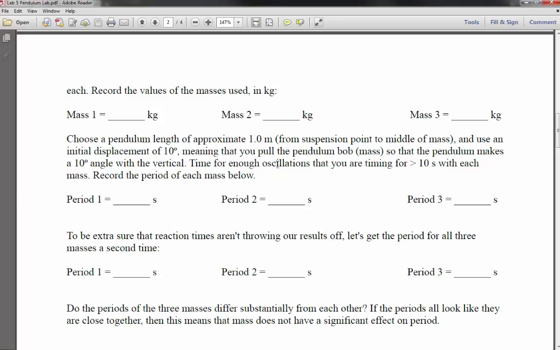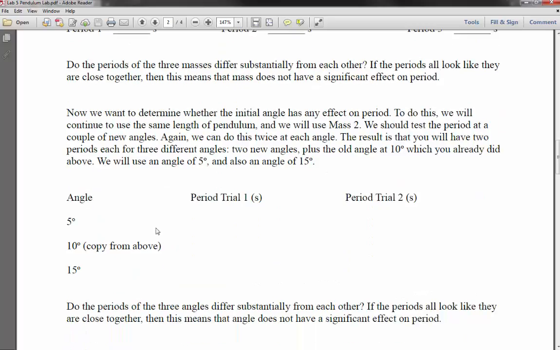Well, it's basically the same thing here. It gives you this strong suggestion that maybe they should be the same. If you actually do this experiment, you'll find that the pole angle does not have an appreciable effect on the period, in particular if you are at a small pole angle.